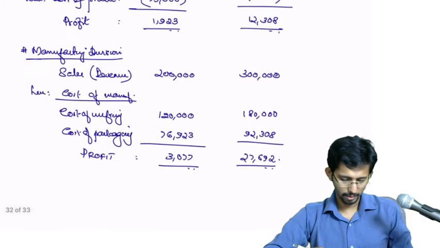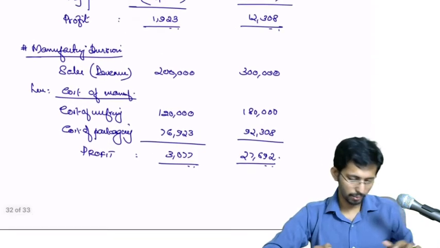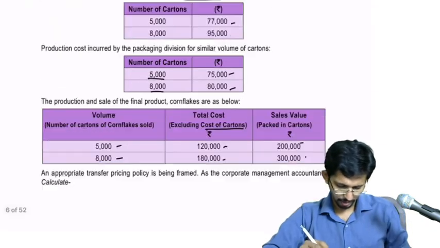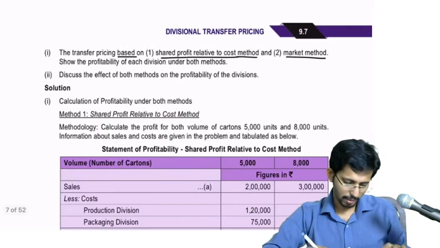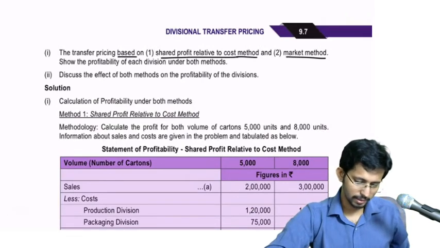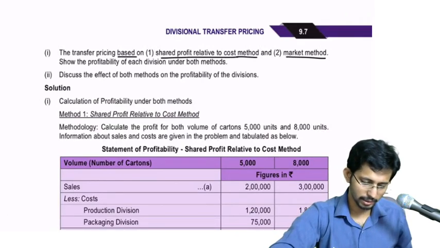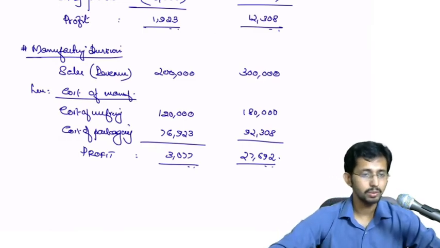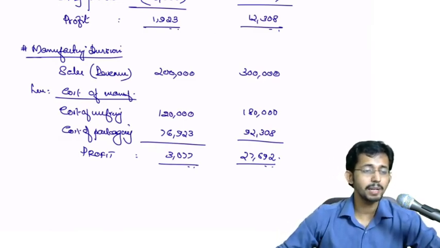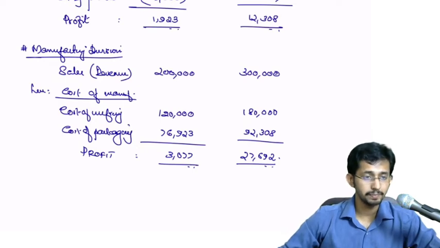Okay, so that is the profitability. So we have done the first part. Now what is the second part? We have one more method, that is market method. Okay, so this is the first method. Second method, transfer price based on market price.